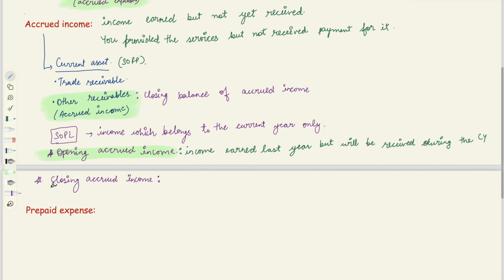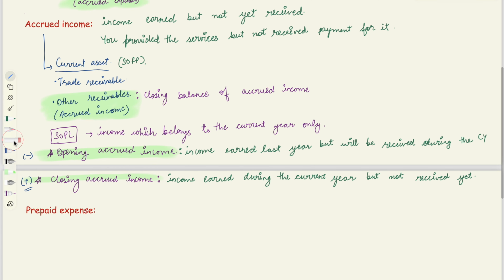Closing accrued income will again be your income earned during the current year but not received yet. So opening accrued income, what did I say? Opening accrued income is subtracted, closing accrued income will be added.